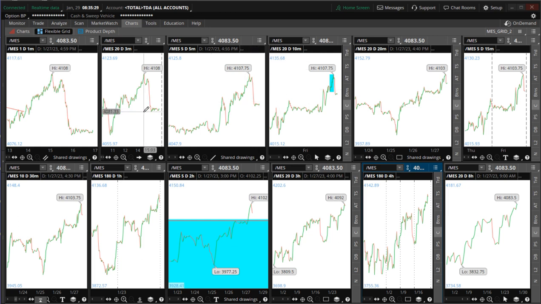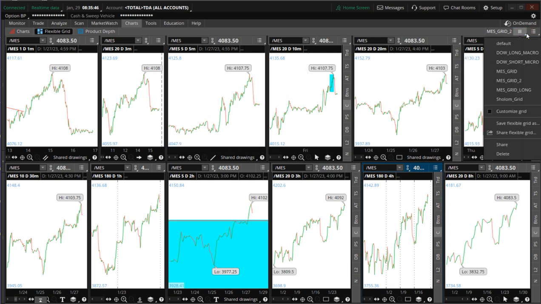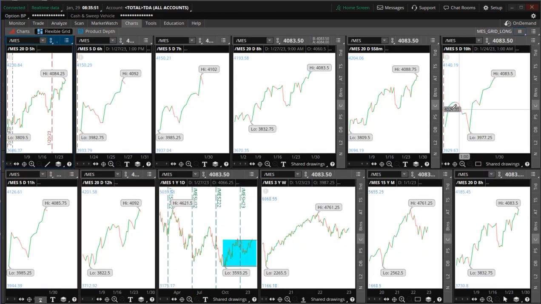The micro grid will cover all the time frames from 1 minute to 5 hours, 8 hours. We're looking for a fractal here. Now, we also have a macro grid looking at the longer time frames, going from the 5 hour to the monthly time frame.